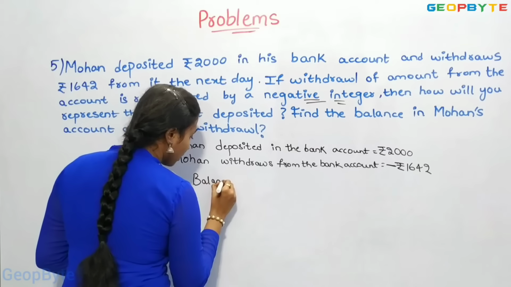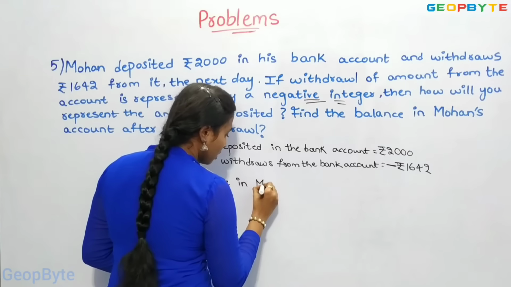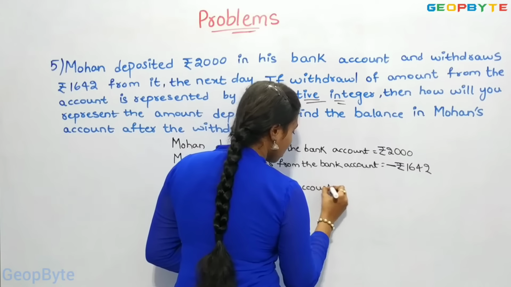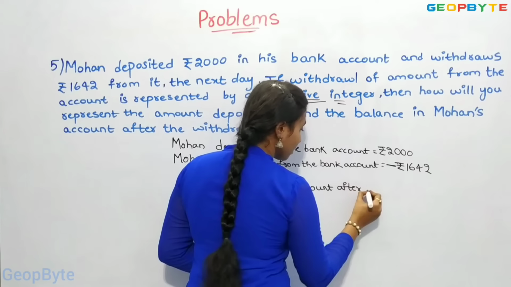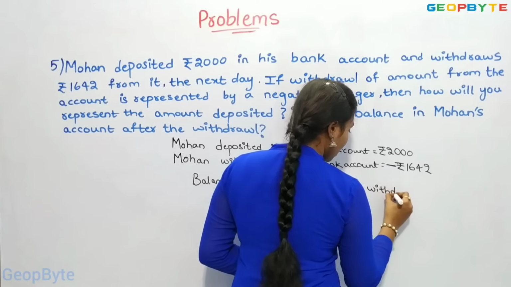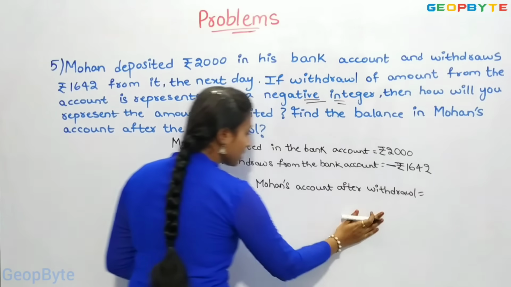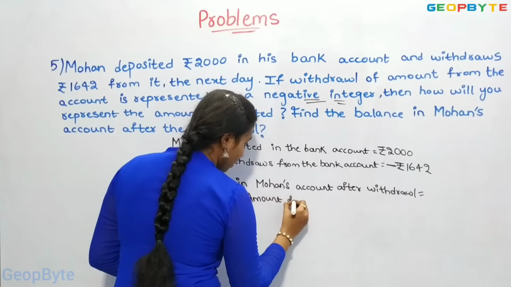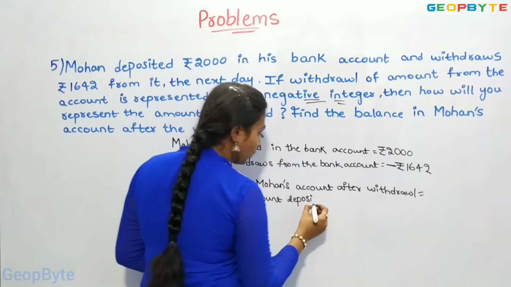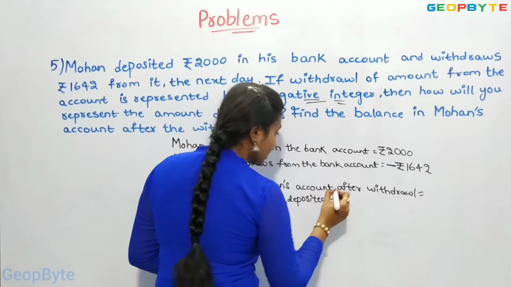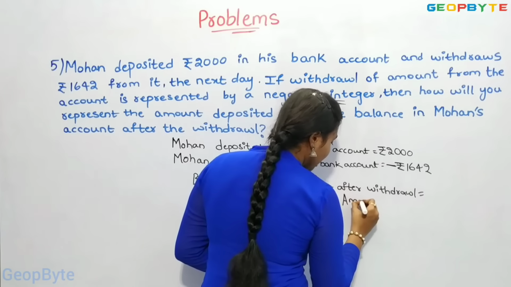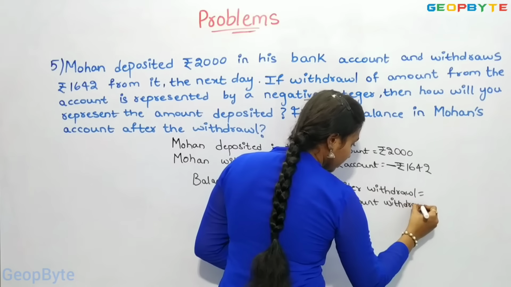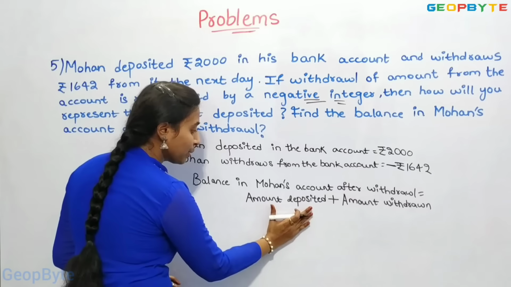Balance in Mohan's account after withdrawal is nothing but amount deposited, or amount put in, plus amount withdrawn, that is amount taken out. What is the amount deposited?